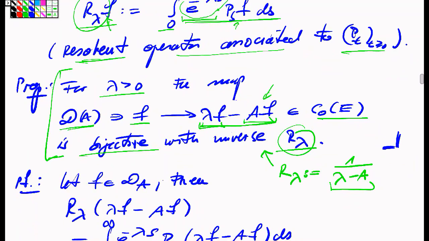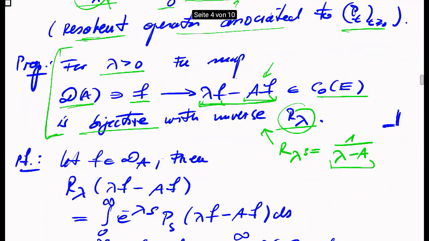Okay, this notation is a consequence of the proposition, and we will now show this proposition, which is very helpful for the identification of the domain of the generator of a semigroup.